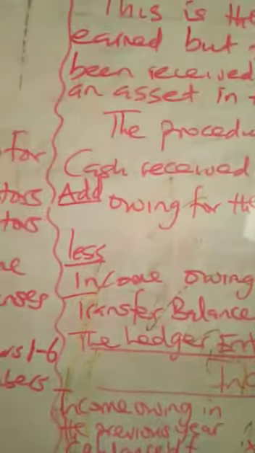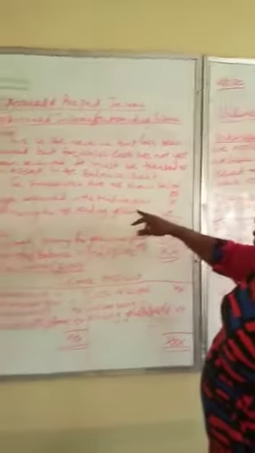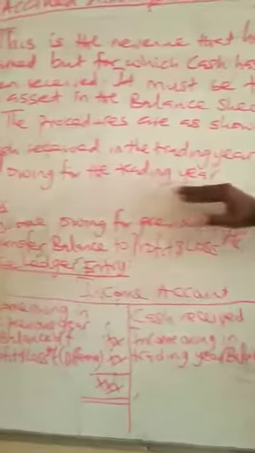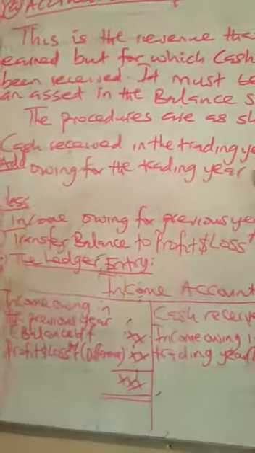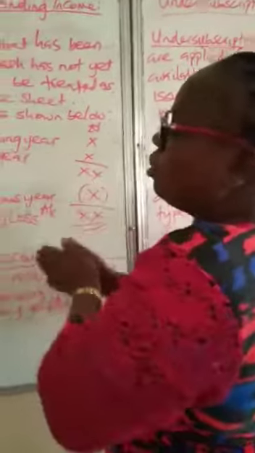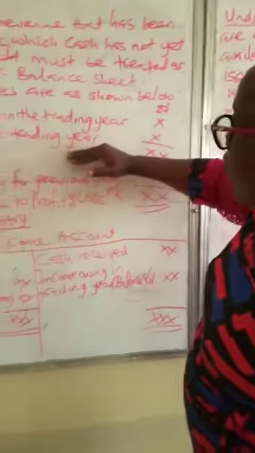So the procedure to be followed when you have accrued income: the cash that is received during the trading year will be the first one that you will write down. You will now add the owing for the trading year. For example, year 2000 now, assuming you receive 1,800 from your customer, your tenant, but your tenant is still owing 400.